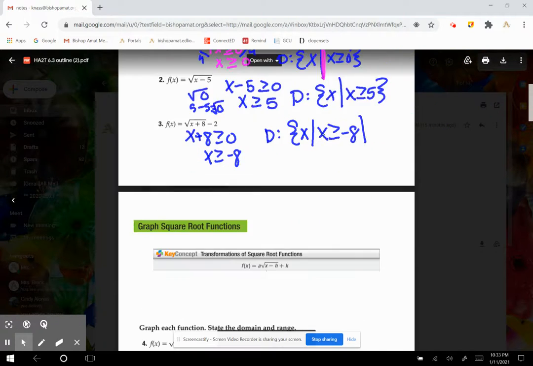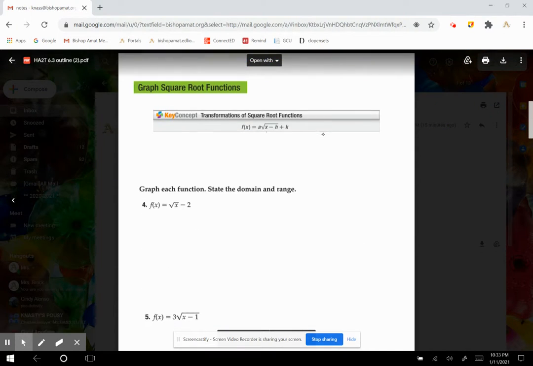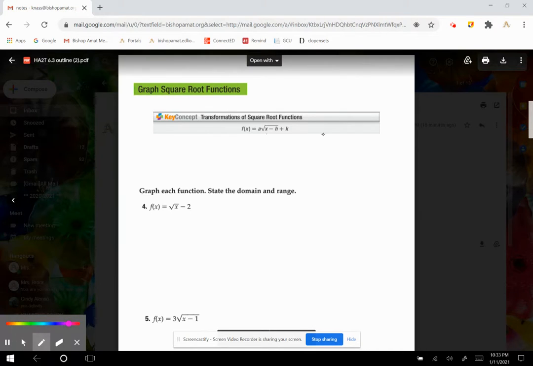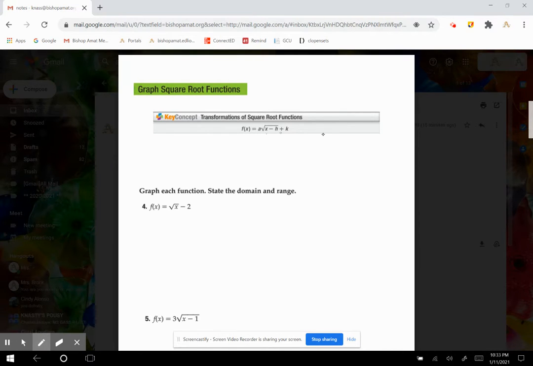All right, so let's look at the square root function. Now, this should look familiar. You should see h and k in here, right? h moves us left to right, and k moves us up and down. Remember, with h, you're going to take the opposite sign.